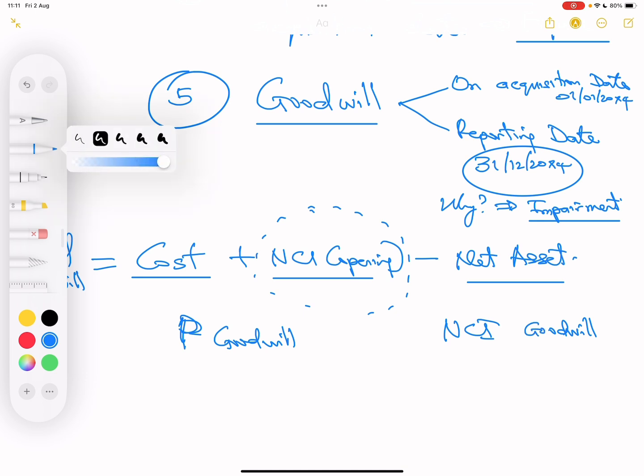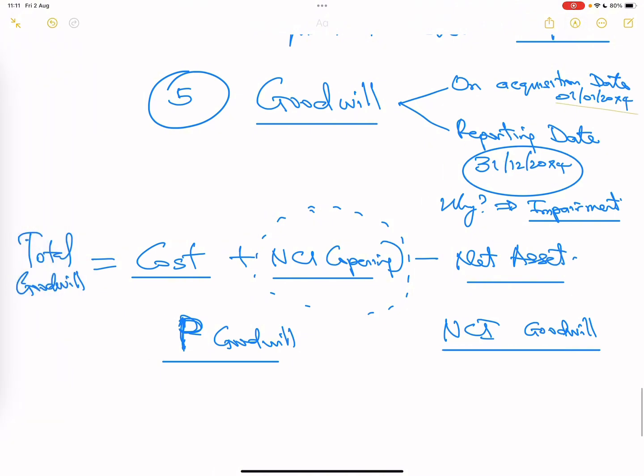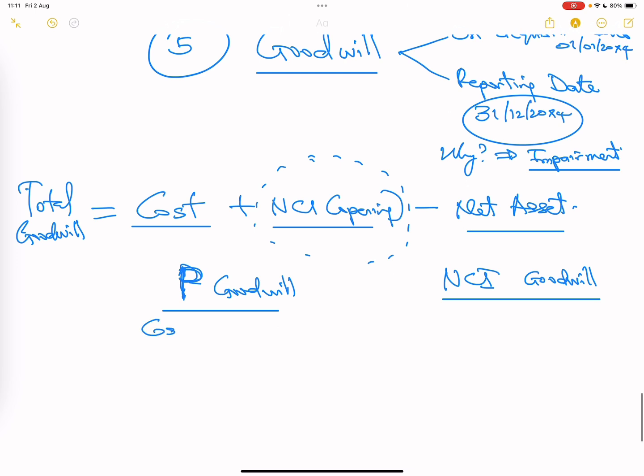Yeah. So sometimes you might need to break it down to NCI goodwill or parent goodwill, which is nothing difficult. What it just means is that parent goodwill will be cost minus percentage acquired of net asset. And NCI goodwill will be your opening NCI minus percentage NCI of net asset.